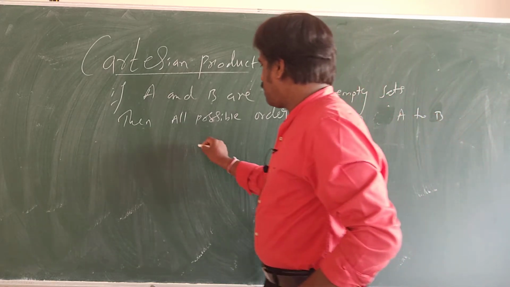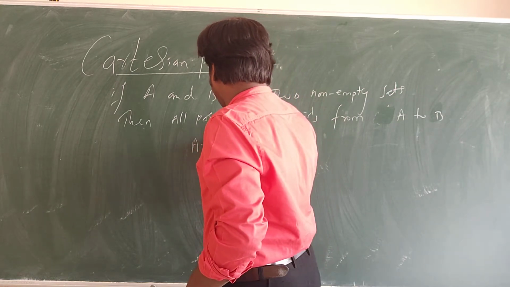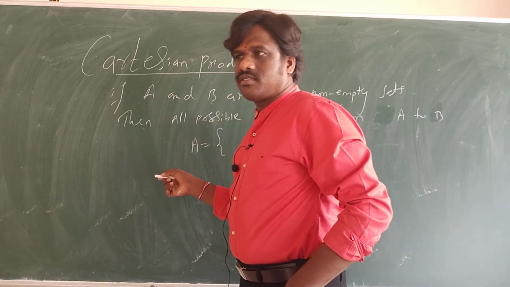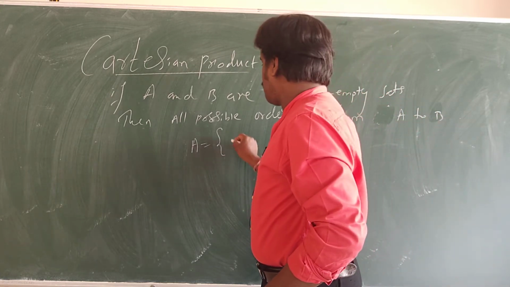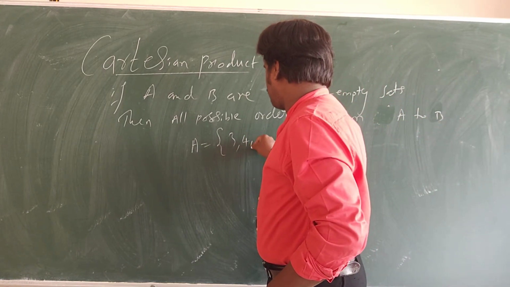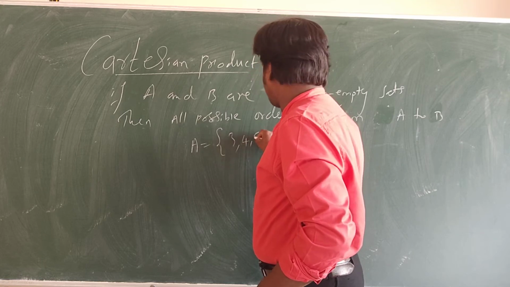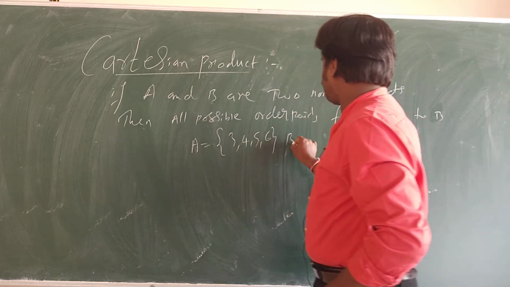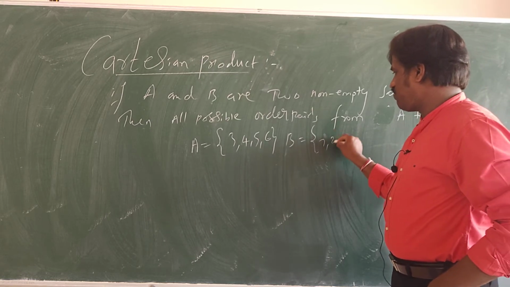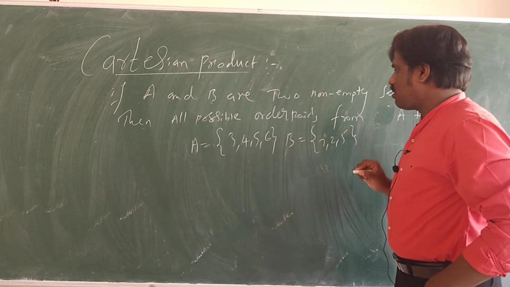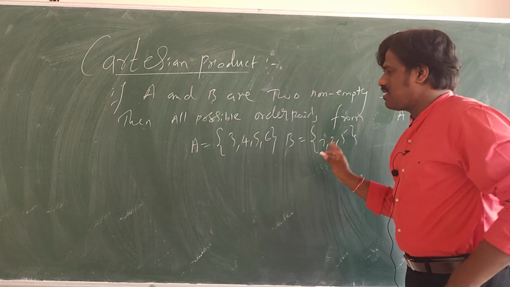For example, if I take set A, tell me any numbers. Tell fast. 3, 4, 5, 6. Tell another set. 7, 2, 5. Okay, so this is the set.